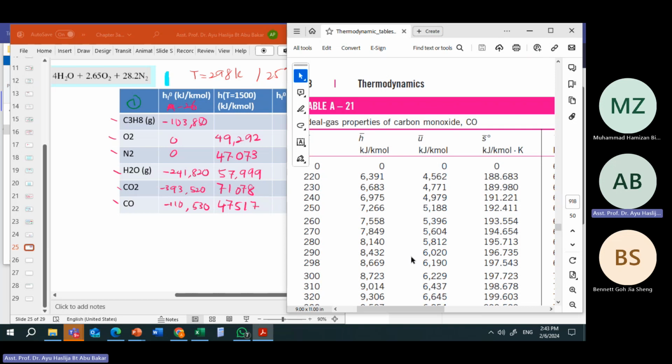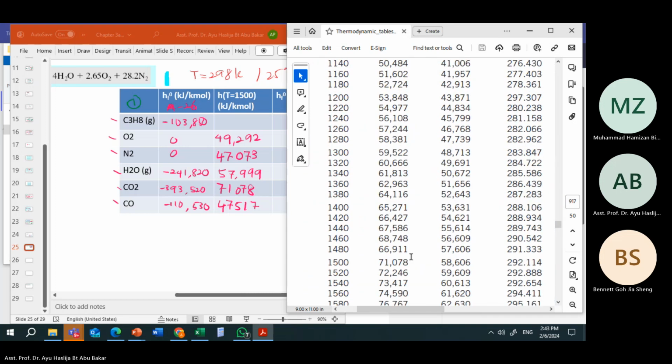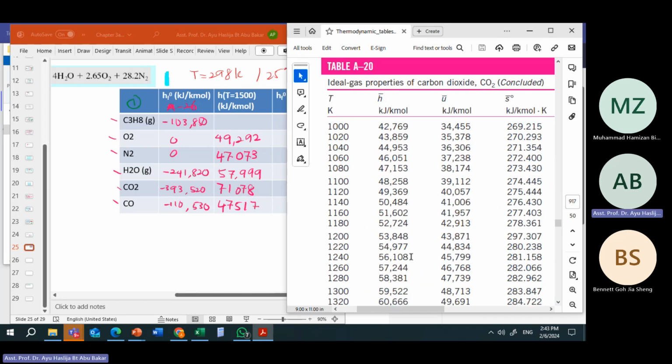Okay, next, cari 298. Earlier version you find at P1500. Just find together for 298.